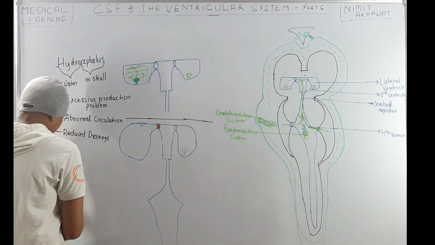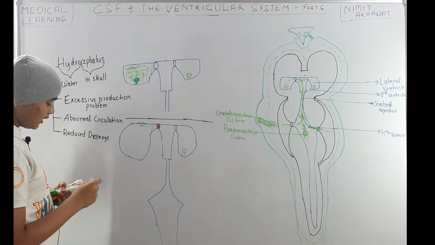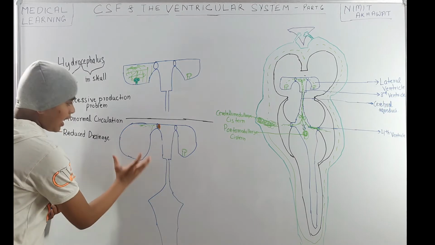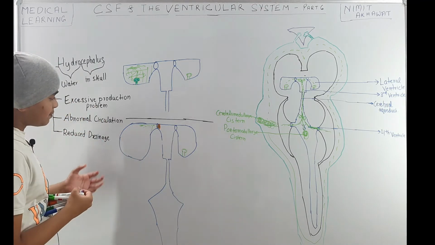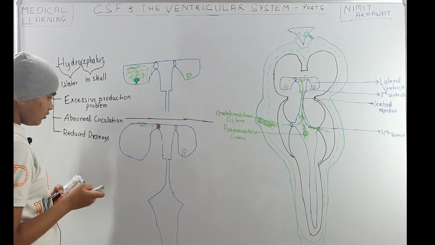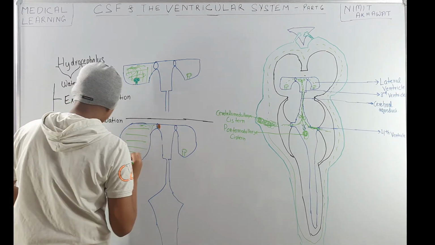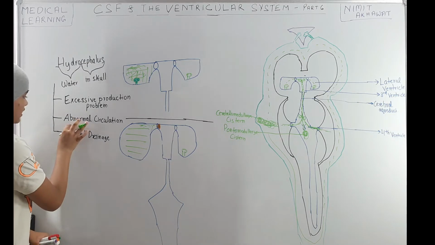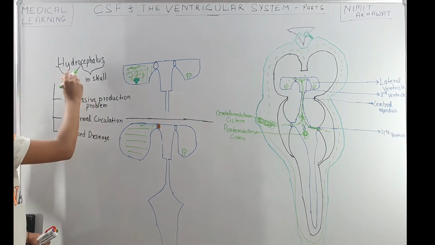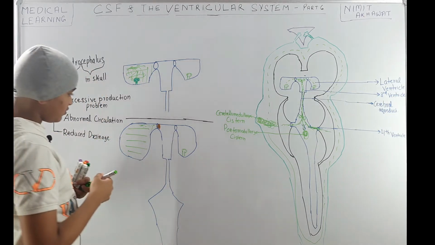Because of this excessive expansion, it compresses and damages the brain substance present around it. And this is one of the primary reasons of abnormal circulation causing hydrocephalus.